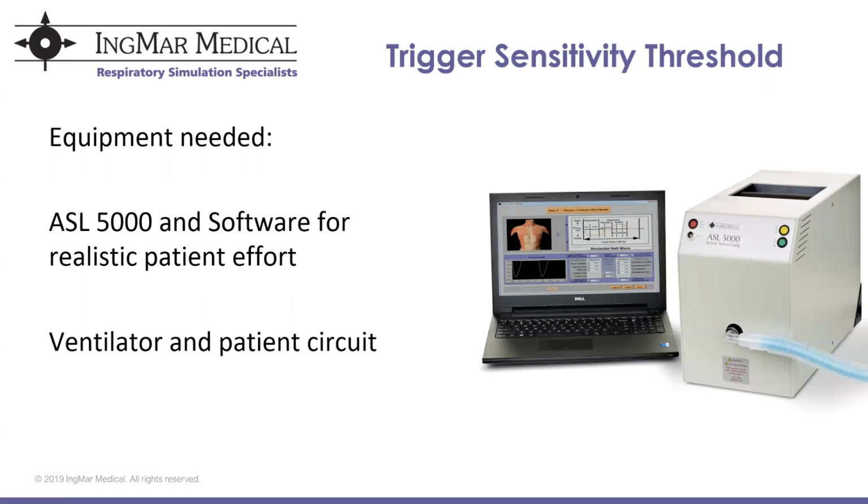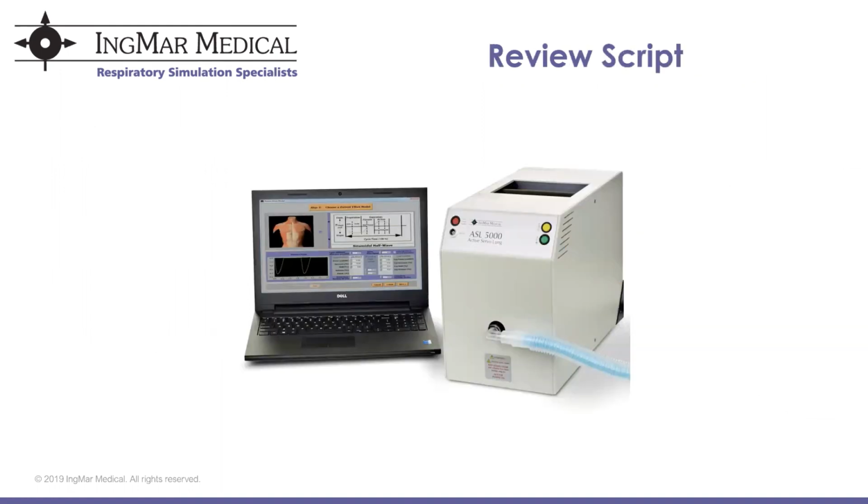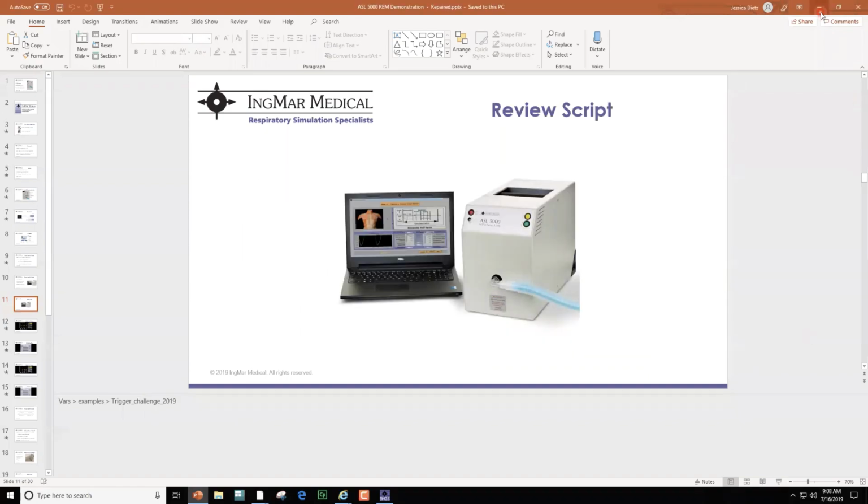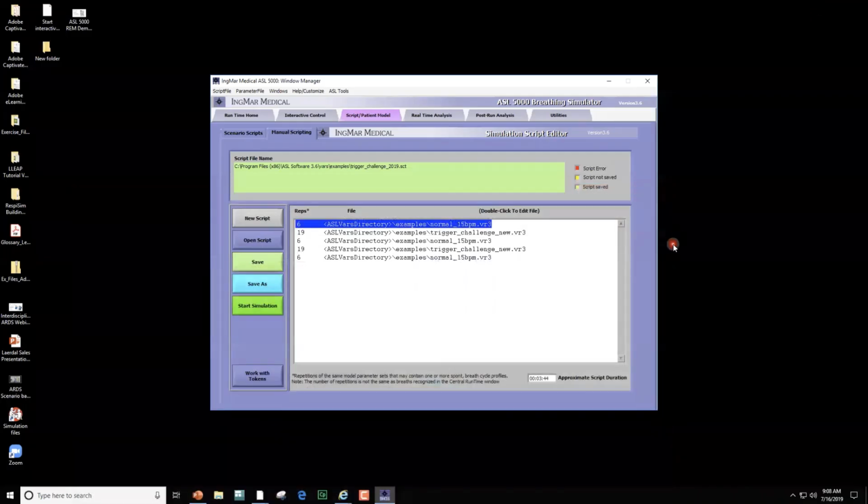You basically just need the ASL5000 with the software running on a laptop or other PC, the ventilator circuit appropriate for the ventilators that you are using, and then we will use a script, which means it is going to be repeatable, so you can do the same experiment with different settings on the ventilator, and you will have exactly the same behavior of your patient.